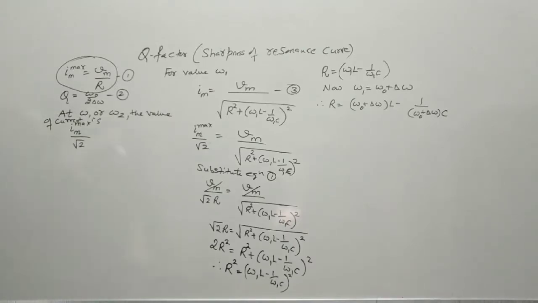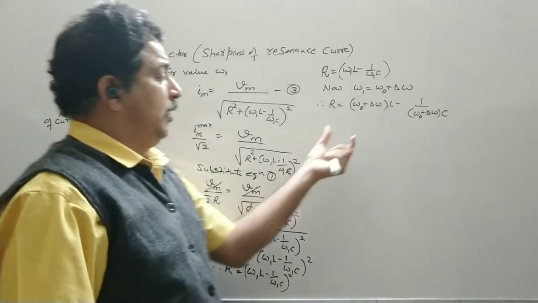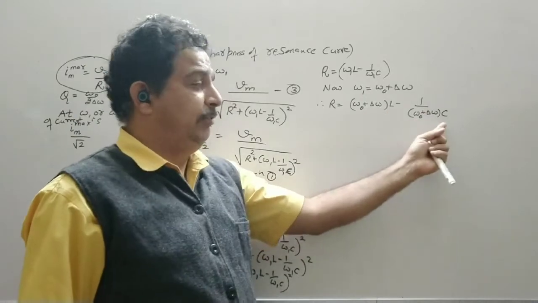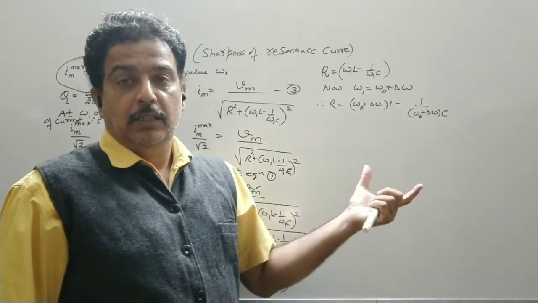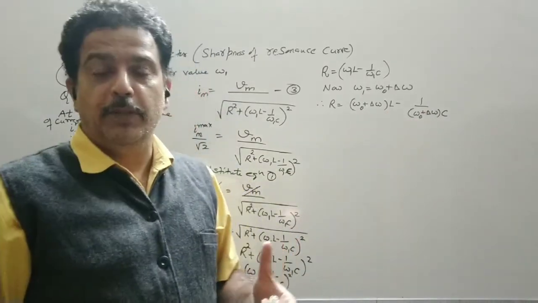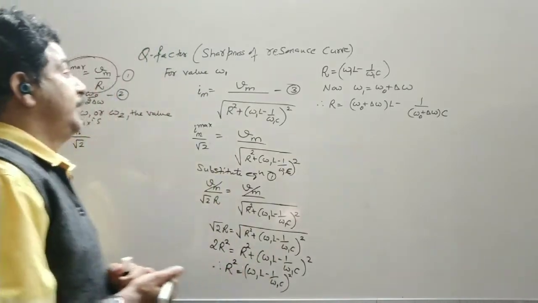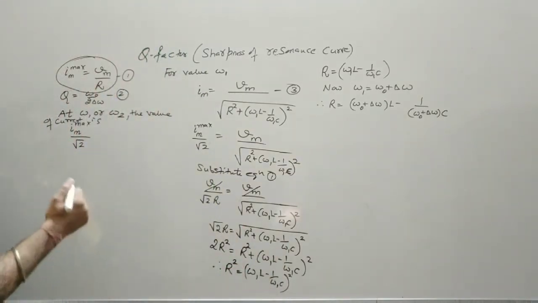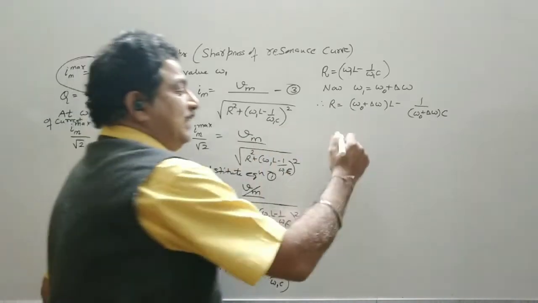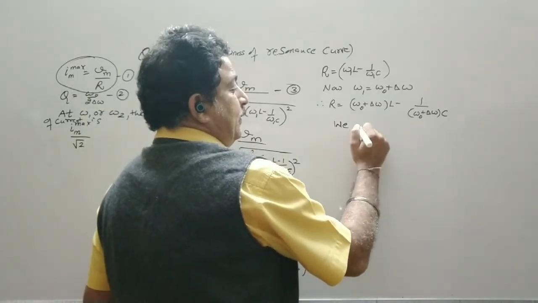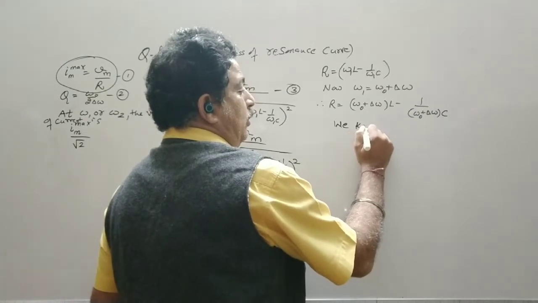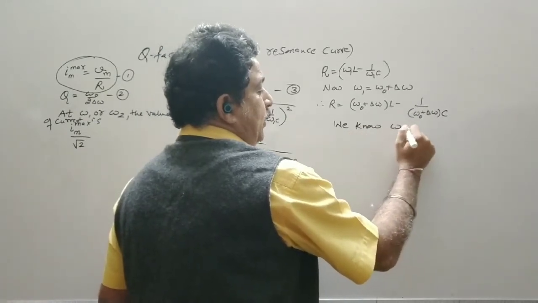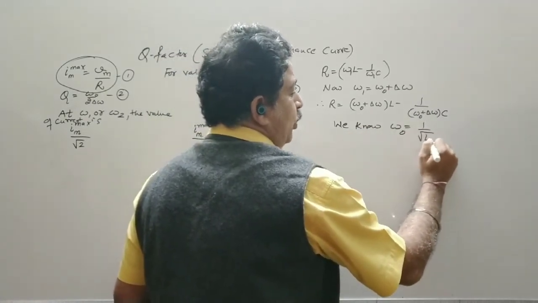Now, because we have different terms, here we have L and here we have C, either the entire equation should be converted into L or C. Now what is the relation which connects L and C? At resonance, we know omega naught is equal to 1 upon under root LC.